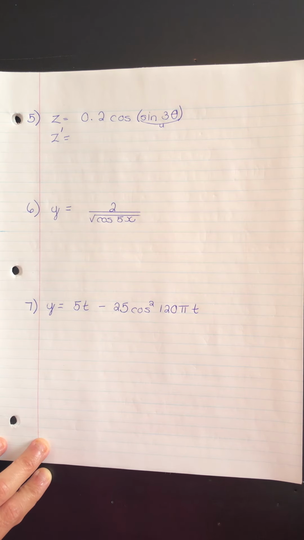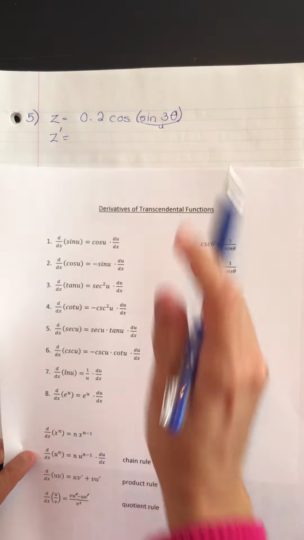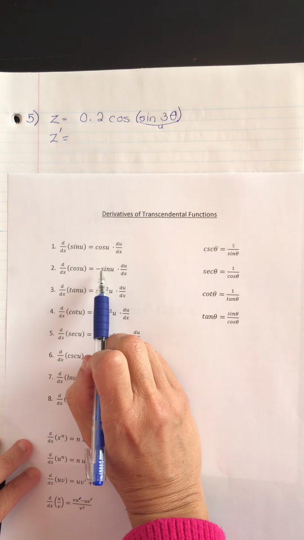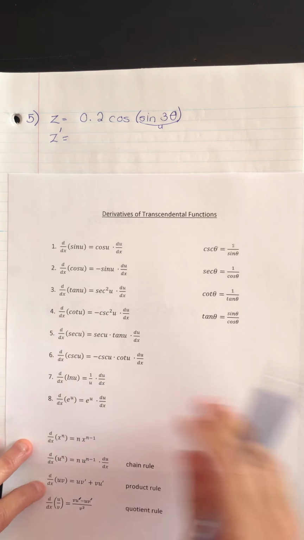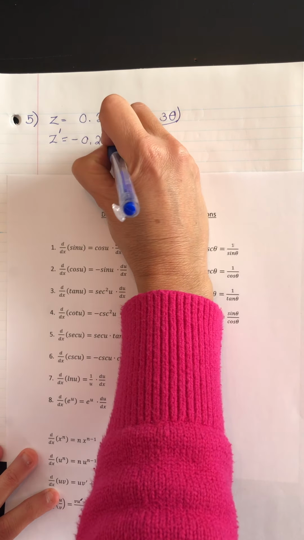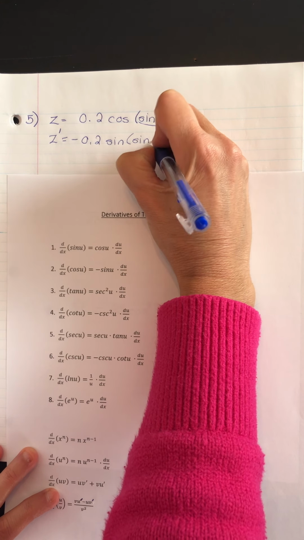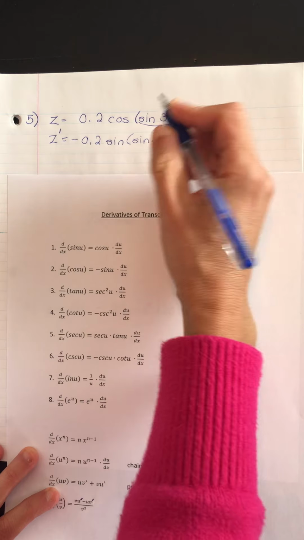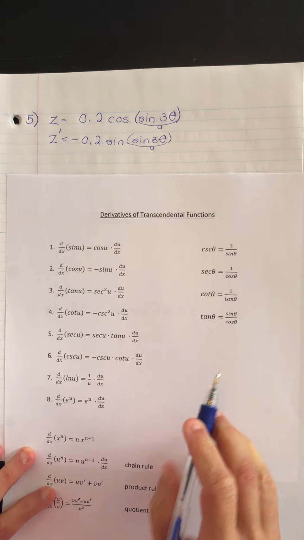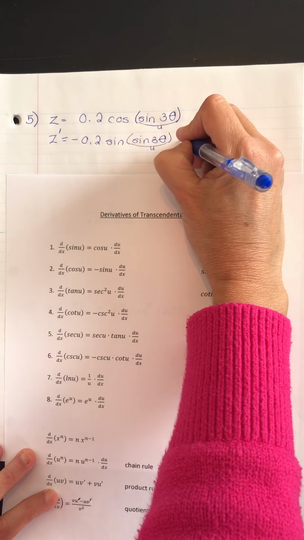So we have cos little u. So its derivative will be negative sine of little u. So this becomes negative 0.2 sine of little u. Okay, so the little u angle stays the same. So negative sine little u times.